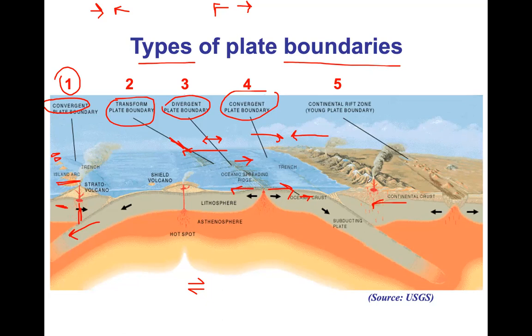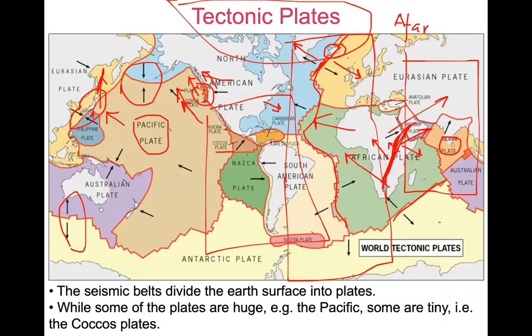When you have oceanic-continent convergence, you still have volcanoes formed, but that volcano is formed on the continental side, so we call them continental volcanoes or continental arc volcanoes. This is the same situation where you can see the Andes mountains, right?